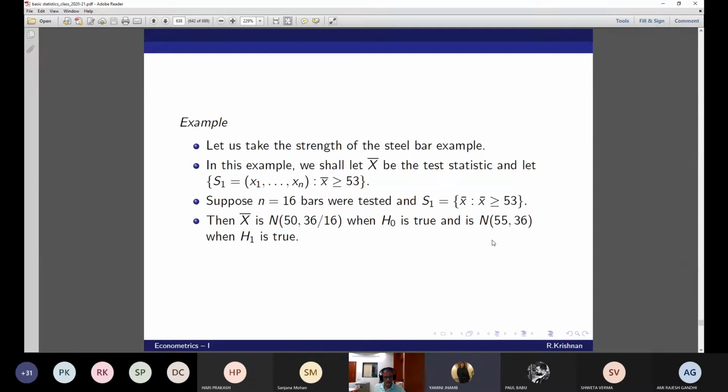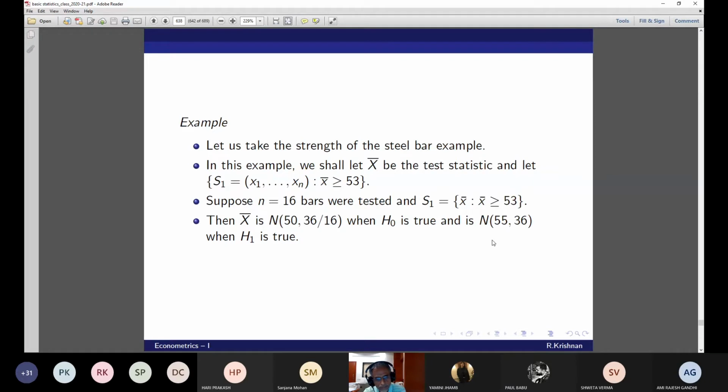So in the last line, is there a typo or is it like that? When H0 is true, the normal distribution is with mean 50 and variance 36 by 16. And when H1 is true, the variance is 36. So there is a typo, right? Oh, yeah. Remember, it's always n. The n is always there.